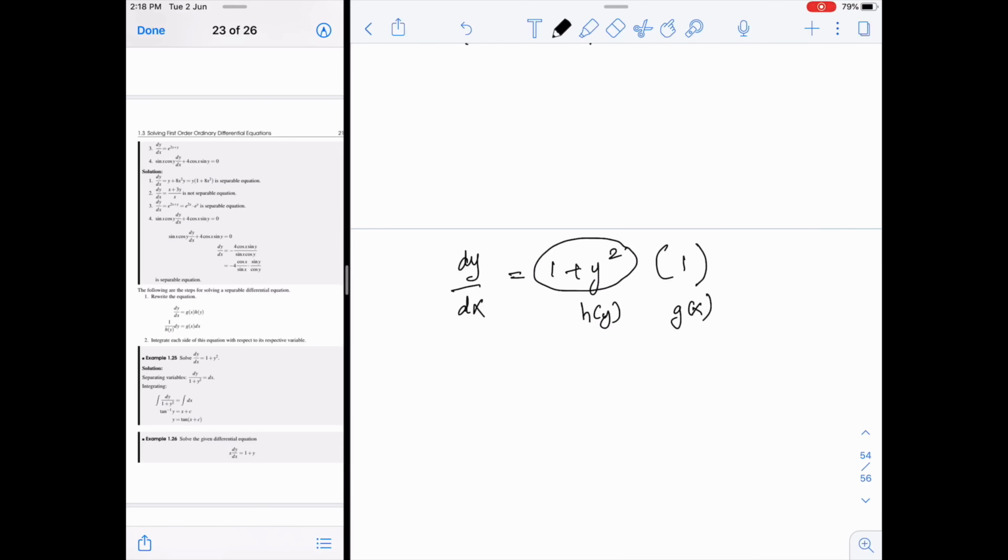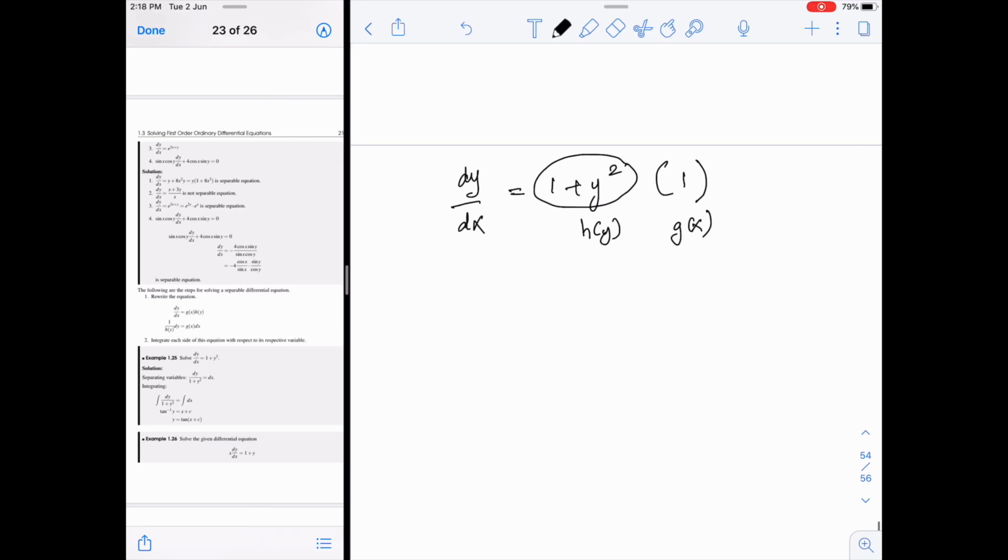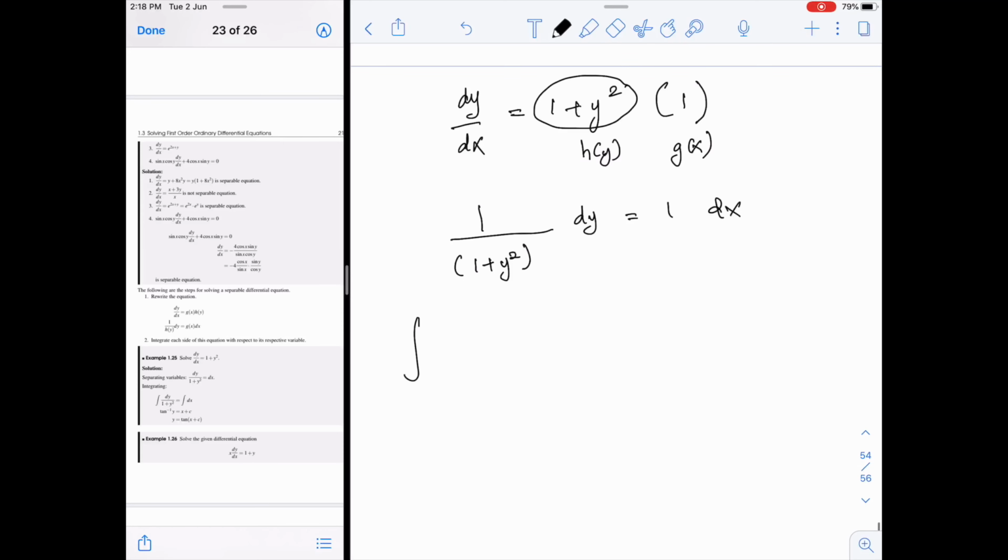So you can bring the terms of y to the left hand side. You will have dy over (1 plus y squared) and then 1 dx. Once you have separated y and x, you can take the integration of both sides, left hand side with respect to y and right hand side with respect to x.